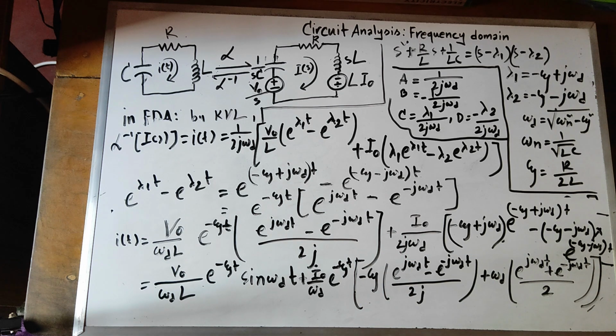Now this has become a more understandable form of the solution. This part is sine omega d t and this part is cos omega d t. So this leaves us with the result.